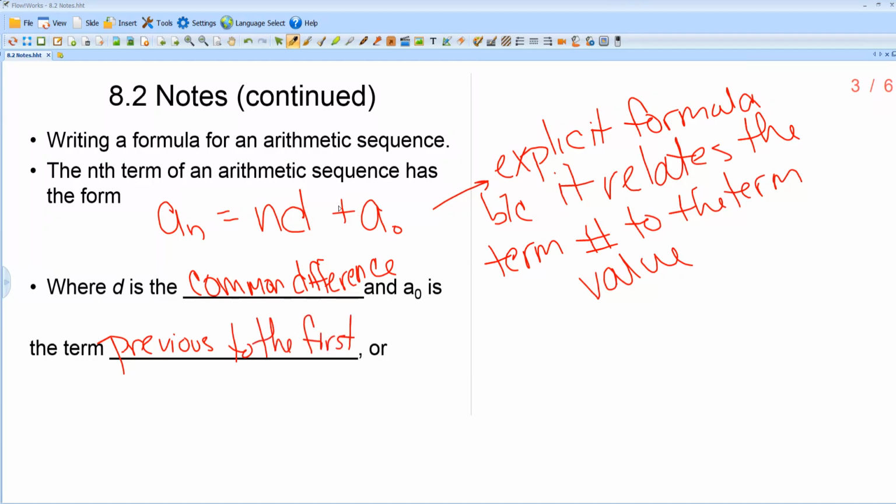A sort of issue comes up with this in that you do have to think about what would be the term before the first term. There's technically a formula for this. I don't see many people write the formula too often. You're more than welcome to. Obviously, don't let that discourage you. But we're essentially saying that the previous term, a sub 0, is the first term minus the common difference.